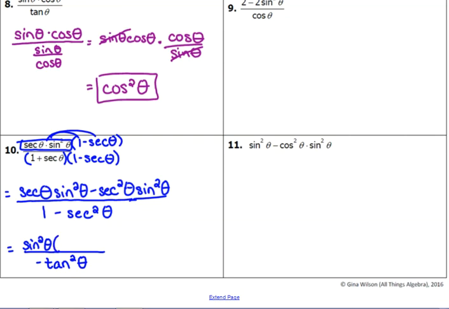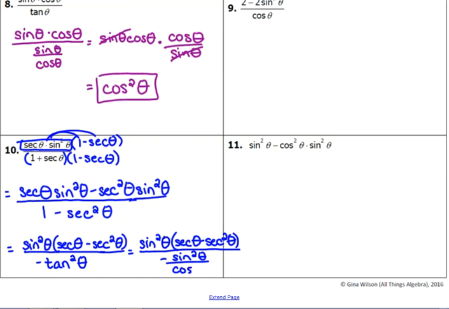Both those terms have a sine squared, so I'm just going to factor that out. Because now I'm going to rewrite tangent as sine over cosine. And it is negative. Negative sine squared over cosine squared.